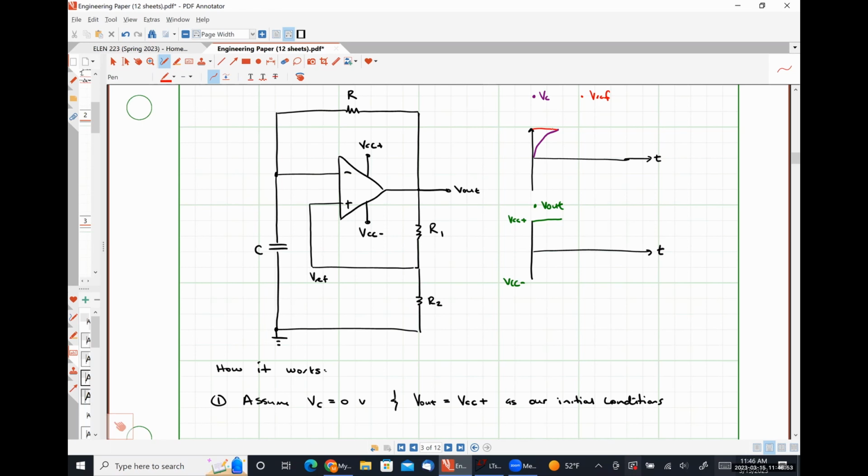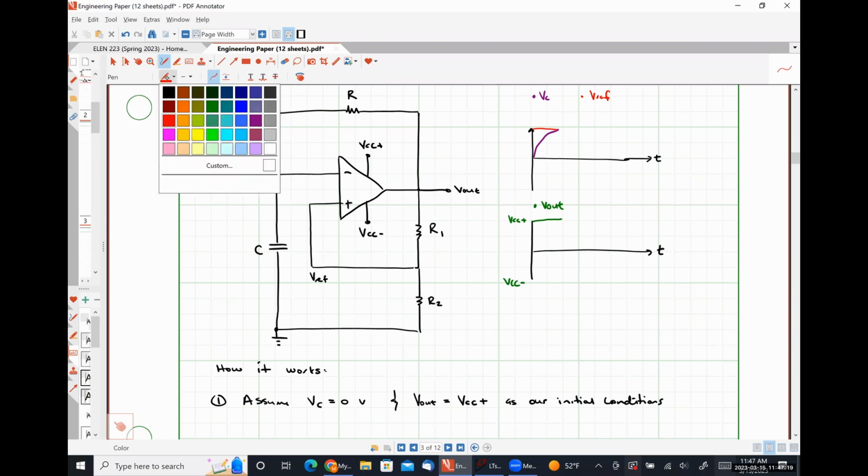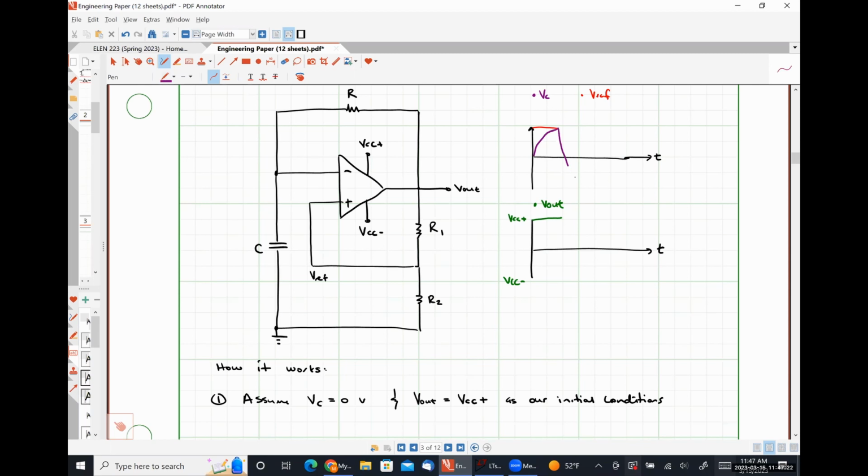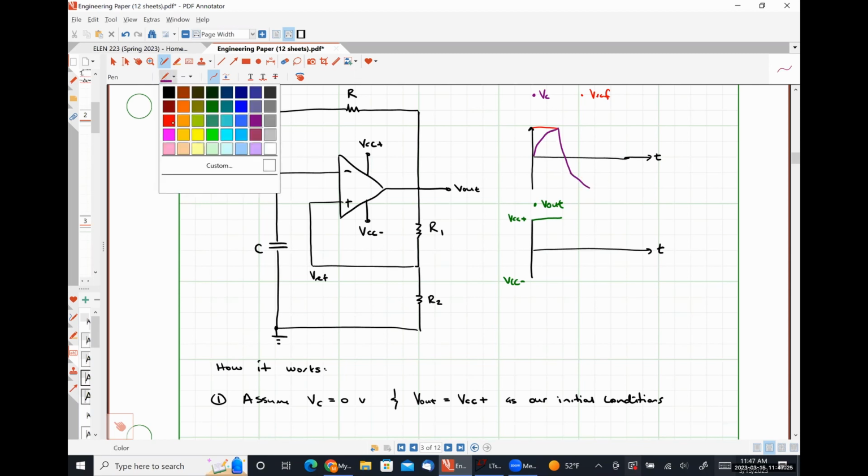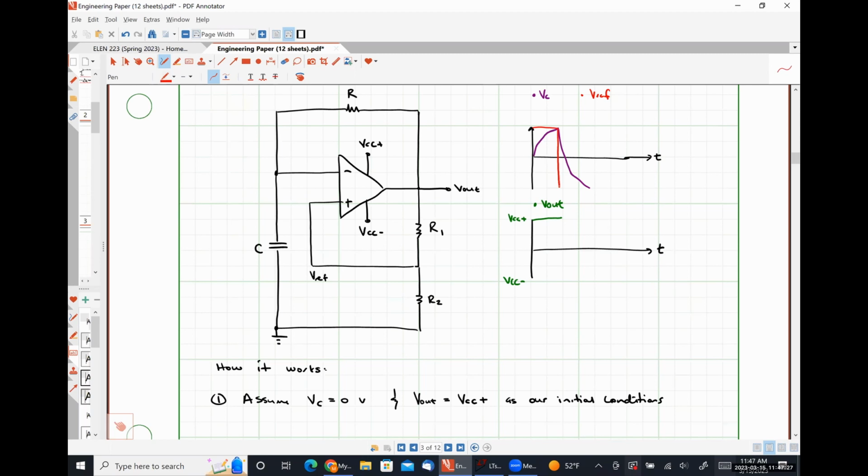As our capacitor voltage progresses to meet our reference voltage, our output is going to swing to the opposite rail. Our current is going to change direction, and so our capacitor is going to discharge. When our output swings to the opposite rail, our reference voltage swings to the opposite rail.